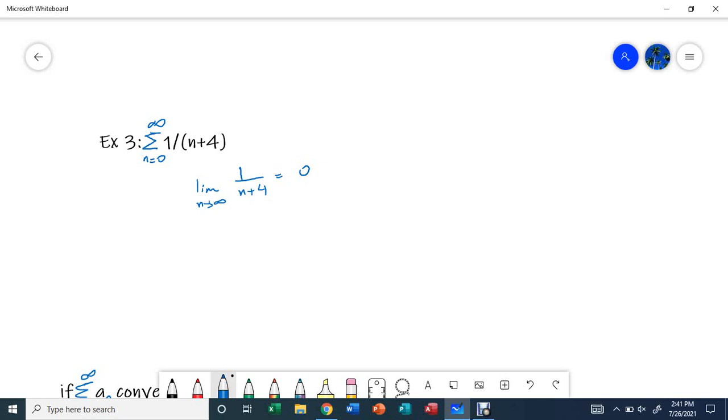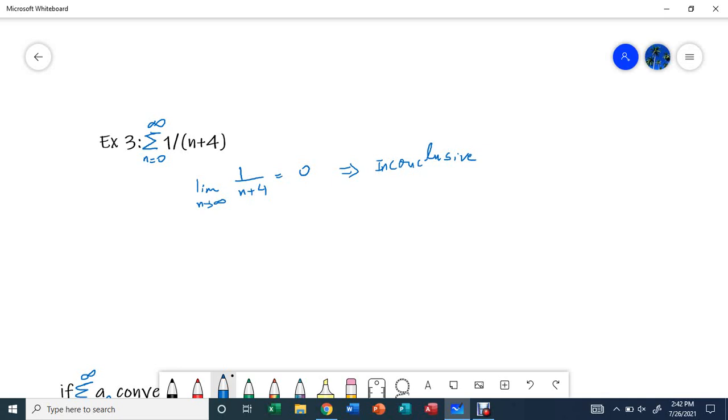So the test is inconclusive. We cannot tell if the series converges or diverges using the nth term test. So we need to do more testing here, maybe the ratio test, maybe the integral test, but the nth term test is not telling us anything here.